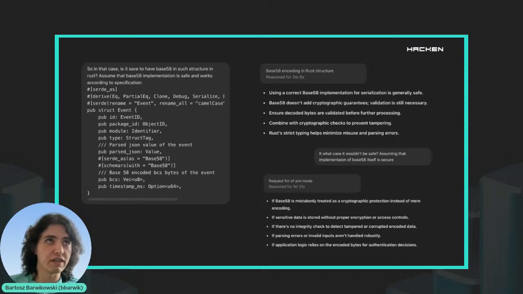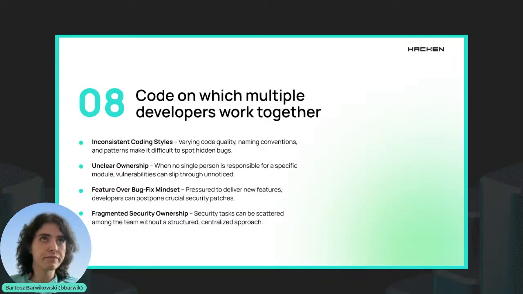So just ask without giving any hint that there may be an issue, like I did. And maybe the current models would be able to answer this. I need to check.